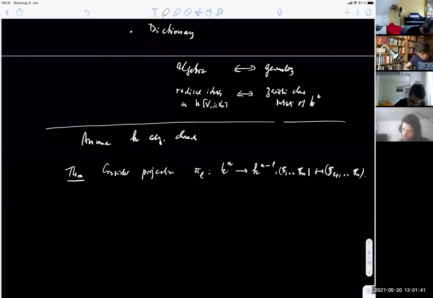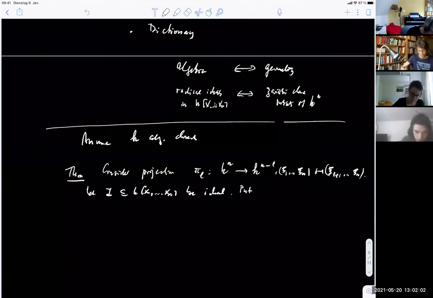So I consider this projection. Let I be a polynomial ideal. Is it okay if I write V for the zero set of I?